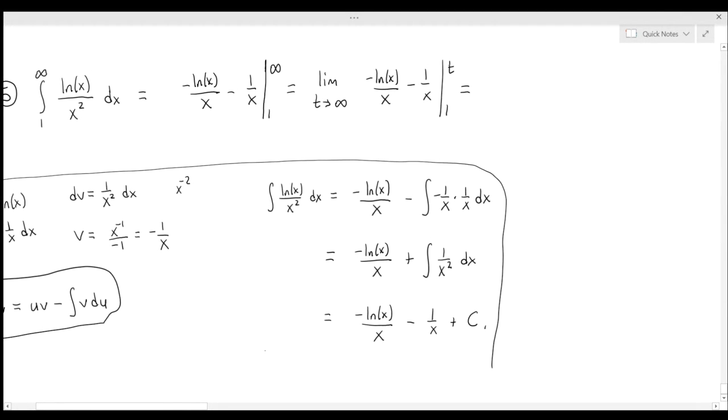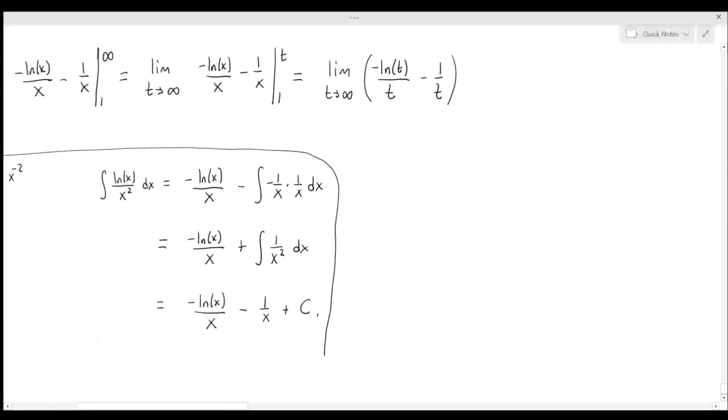All right, and then from here, first we're going to plug in t for x. So we'll get negative natural log of t over t minus 1 over t. And then we need to subtract what we get when we plug in 1 for x. So plugging in 1, we're going to get natural log of 1 over 1 minus 1 over 1.